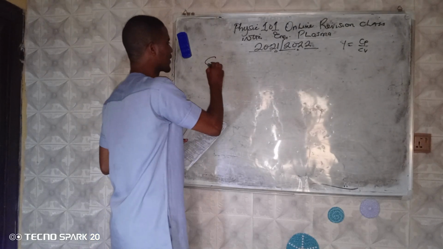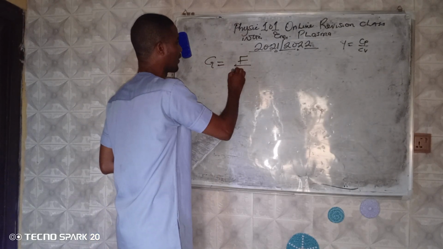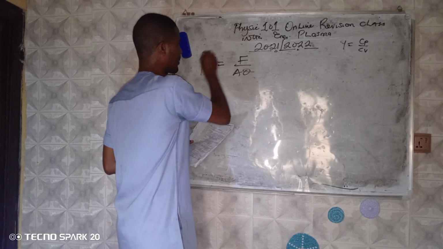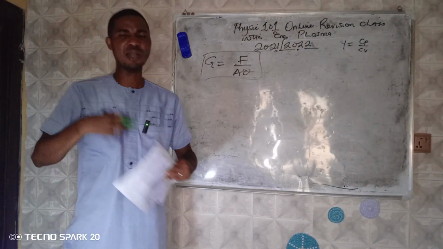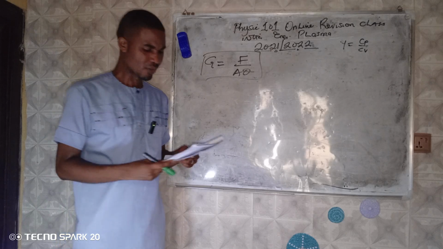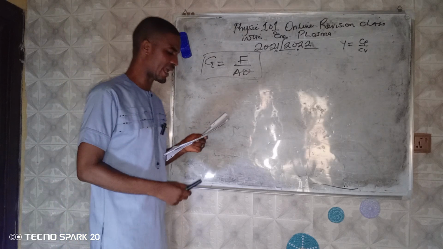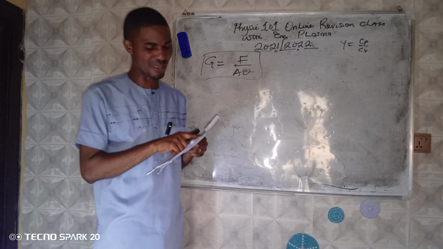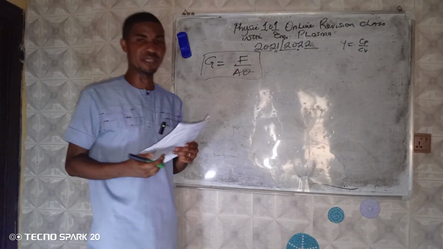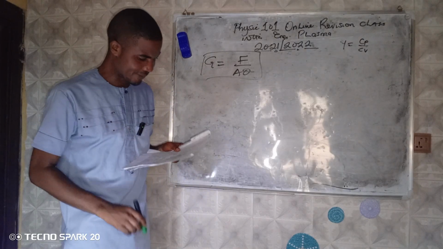We said that modulus of rigidity G is equal to F over A theta. Remember this formula, or you go back to the first part. These are questions that are being repeated. The only difference here is that the angle of that other one was 0.07, while this one is 0.03. So I believe by knowing the formula, that is clear.